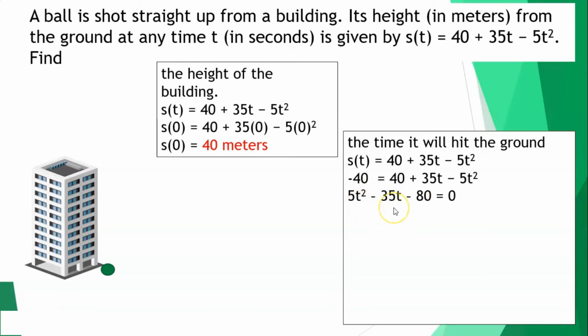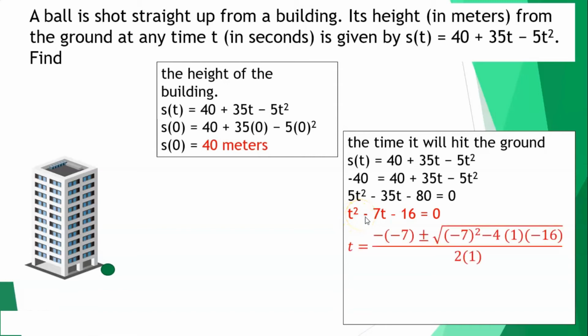We will have this, or we can get this one. Making use of the quadratic formula to find t, we'll get this. So our time is 7 plus and minus square root of 13 over 2, or approximately 8.8 seconds. So by 8.8 seconds, the ball is already on the ground.